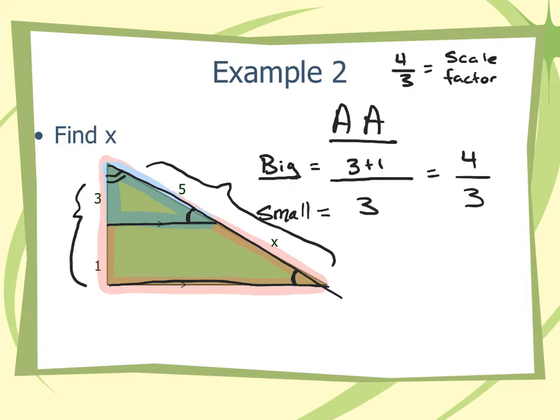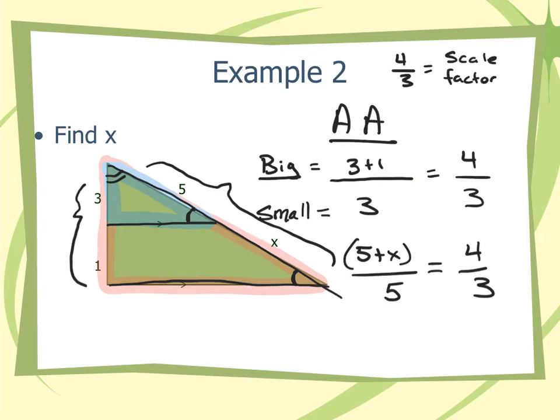It is not x, it is not 5, it is 5 plus x. Isn't that what you just said? You said 5 plus x. Yeah, you're not wrong. 5 plus x over 5, and then it's equal to 4 thirds.